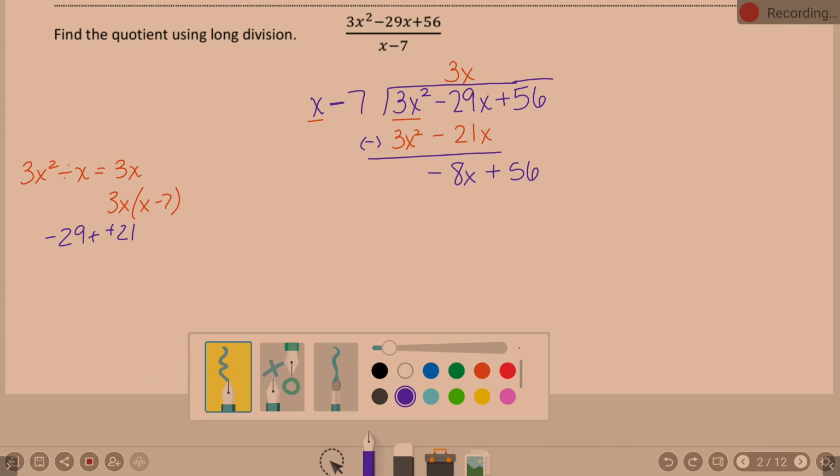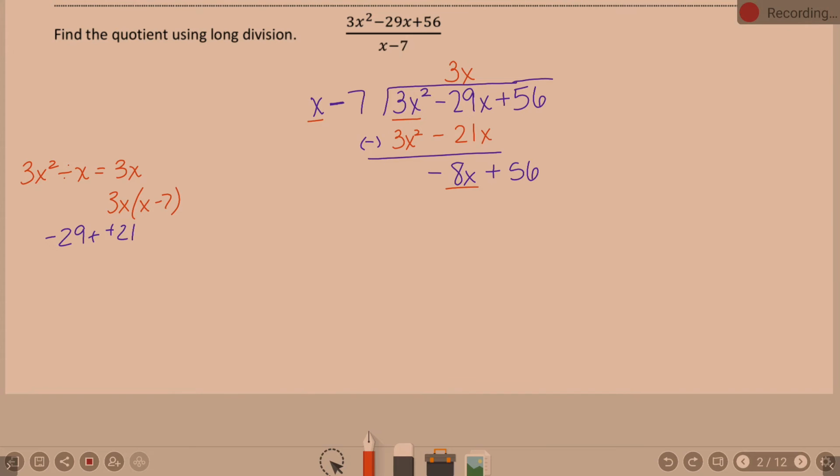And how does x become negative 8x? In other words, what is negative 8x divided by x? And that is negative 8. We're going to put the negative 8 in our answer above the 56.